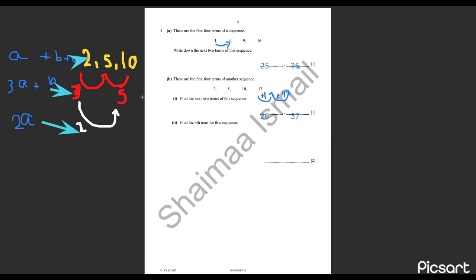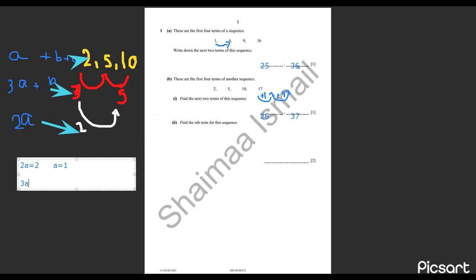Okay, let's check this and write our equations. 2a equals 2, so now a equals 1. Clear. Next, 3a plus b equals 3, so b equals 0.